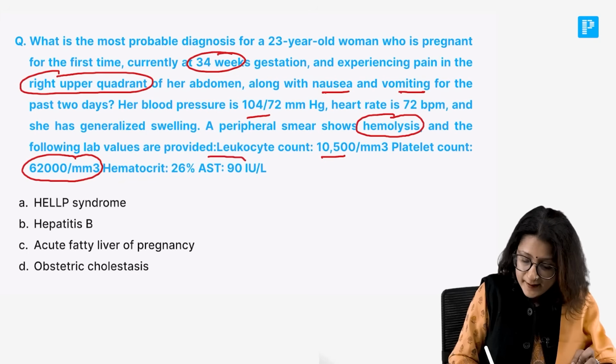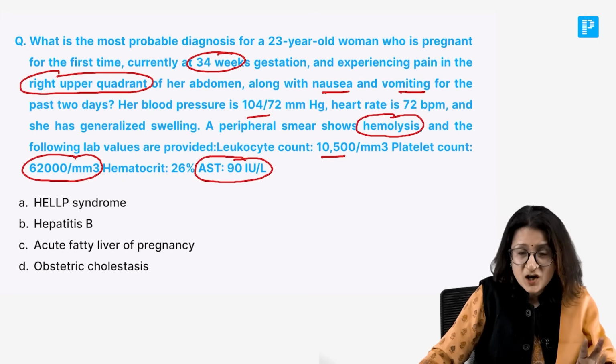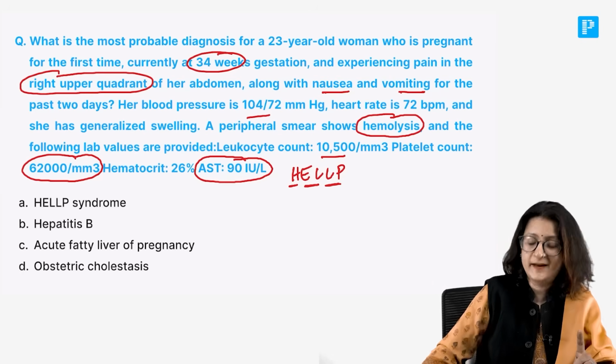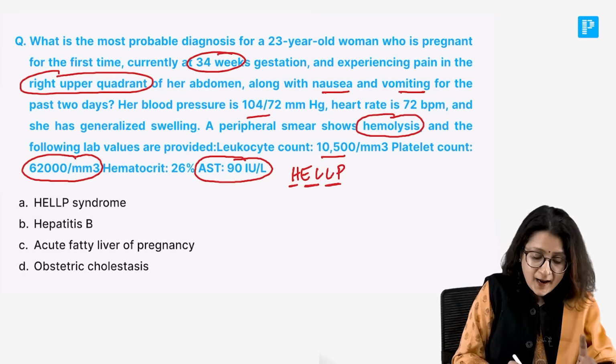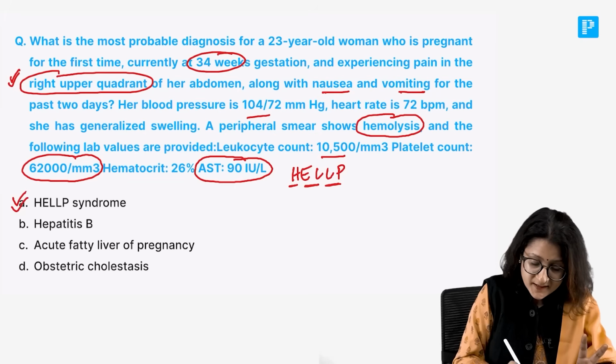Hematocrit is okay. Raised liver enzymes. So what do we see here? Hemolysis, elevated liver enzymes and low platelets, and upper quadrant pain. So this is going in favor of HELLP syndrome.